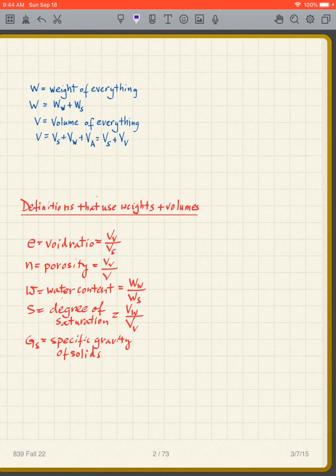So that is the meaning of specific gravity of the solids, G sub s. It's how much more dense a given particle is. Now, sand is a small rock, so typically a sand grain has a density of 2.5 to 3 times that of water. So it has a G sub s of, for instance, 2.7.